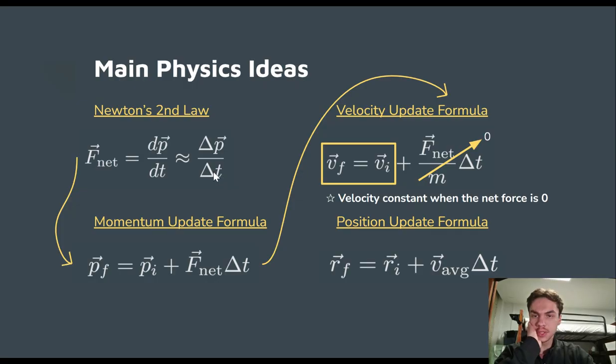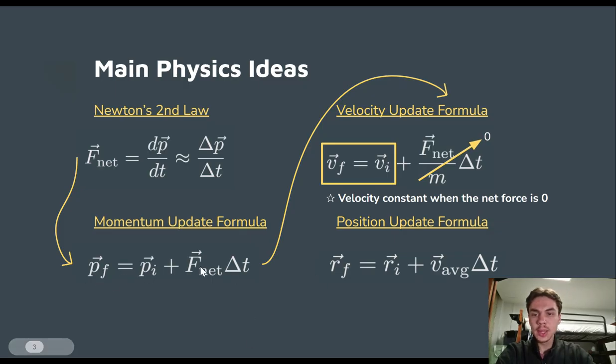We rearrange that by multiplying delta t on each side. We get delta p equals the net force times delta t, which is the momentum update formula. Then, based on the principle that momentum equals the mass of the object times its velocity, we can see that velocity equals momentum divided by the object's mass.